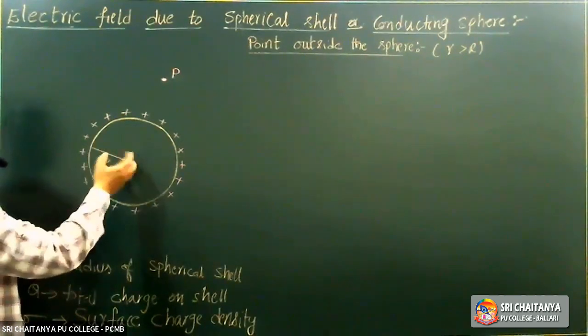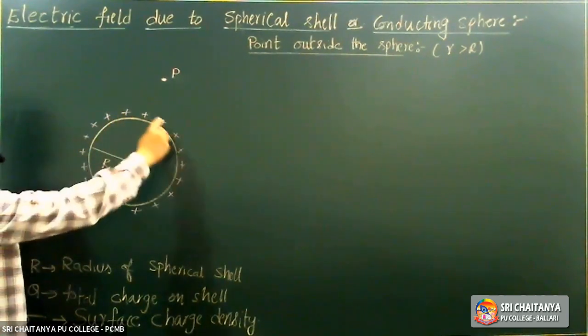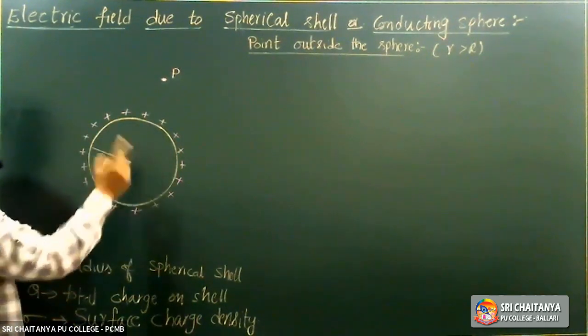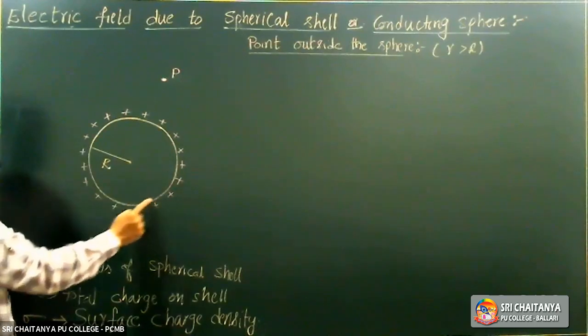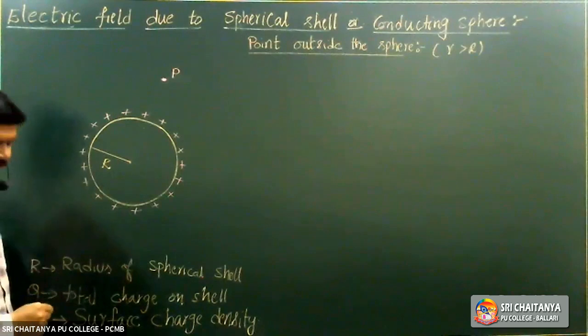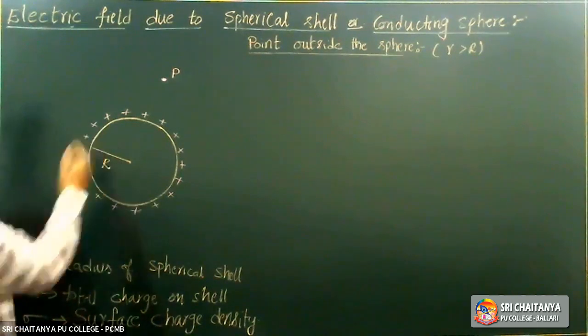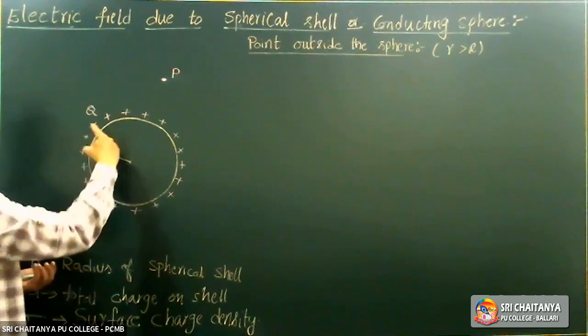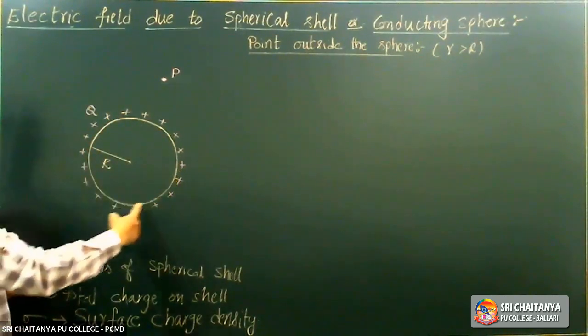For the shell, charge is given. The charge resides on the surface. See here in the figure, there is a shell whose radius is r. Let Q be the total charge given to this sphere.